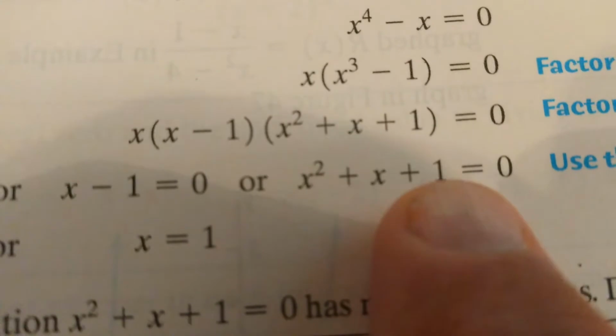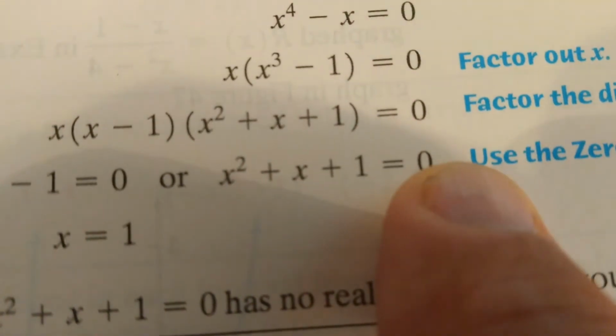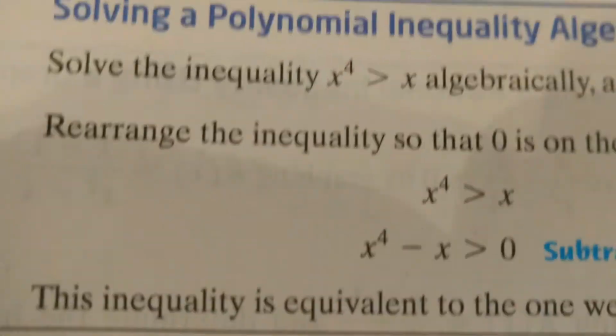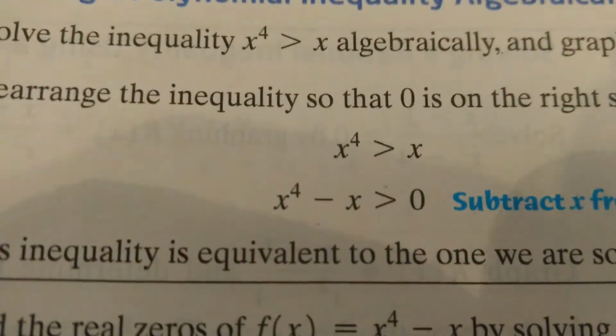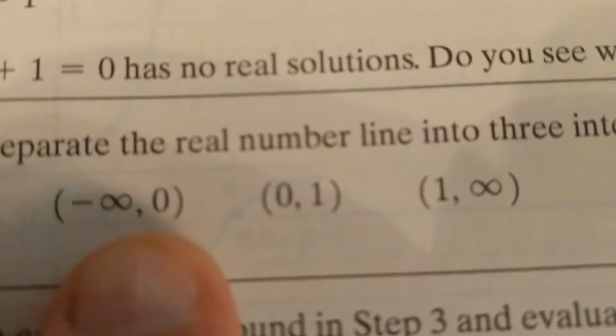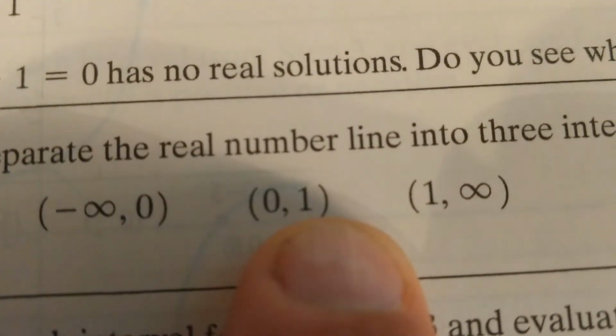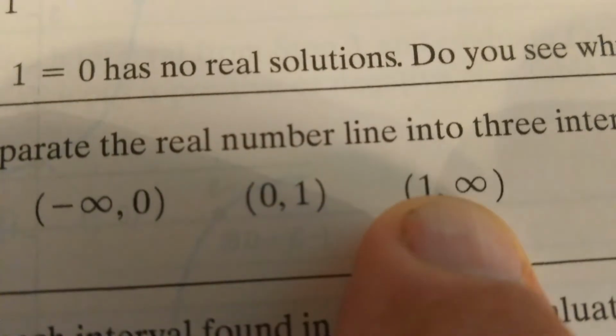If we subtract this over, we get a negative 1, and we're looking for all of the y's that are greater than 0, so therefore there's no solution. As a consequence, the way we'd write this in interval form is from negative infinity to 0, parentheses, we leave 0, we go to 1, parentheses, we leave 1 and go to positive infinity. So it's all solutions except for 0 and 1.